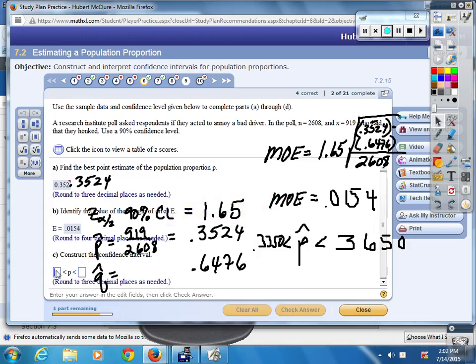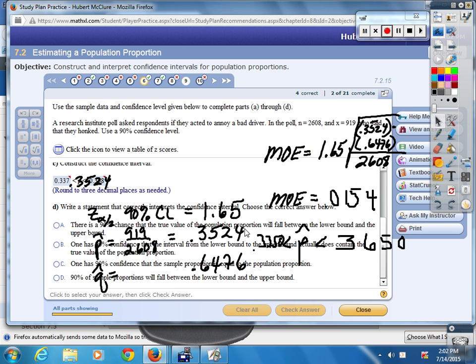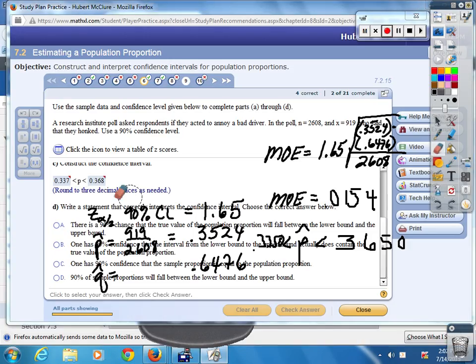And I'm just going to put a 3 here and a 3 here because I know mine are off by the last digit probably. 0.337, yeah, mine's off. 0.335 and 0.368, yeah, I'm off a little bit. That's because I just didn't do that last digit, that 4, I didn't add that in.